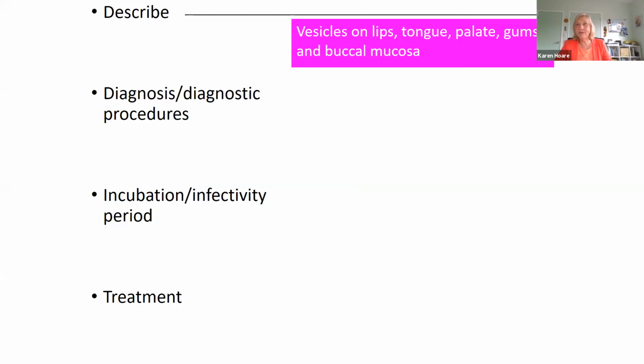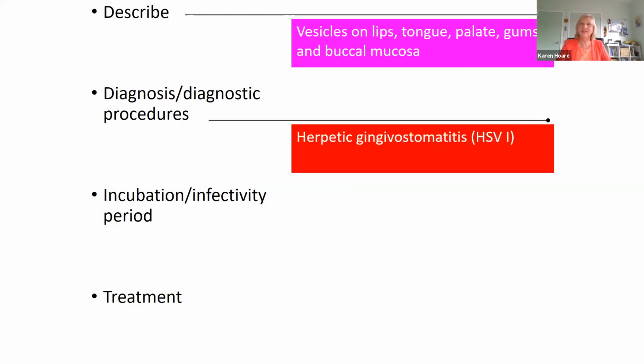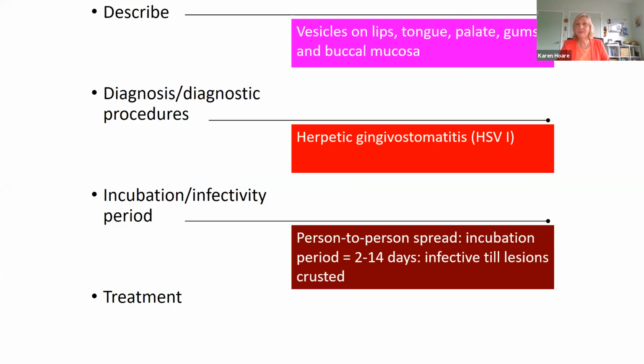So if we describe it, there's vesicles on the lips, the tongue, the palate, the gums, and the buccal mucosa. She's absolutely right. It's herpetic gingivostomatitis, so herpes simplex virus type 1. Person-to-person spread. Incubation period 2 to 14 days.